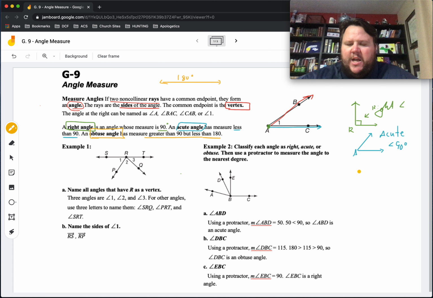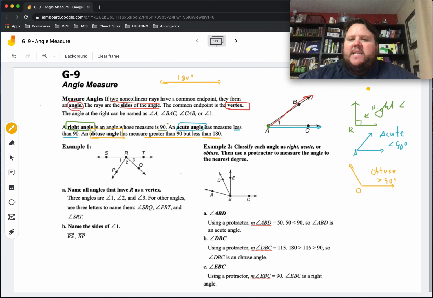So an obtuse angle would look something like this. And we'll call it O for obtuse. So obtuse is greater than 90 degrees.